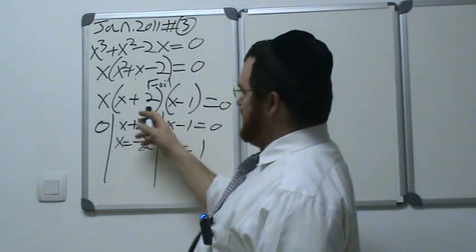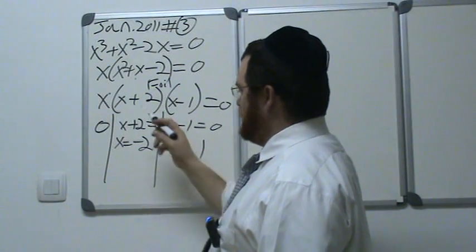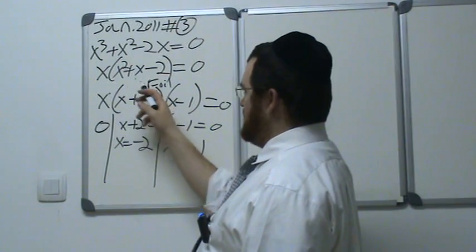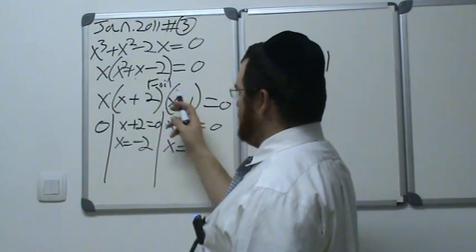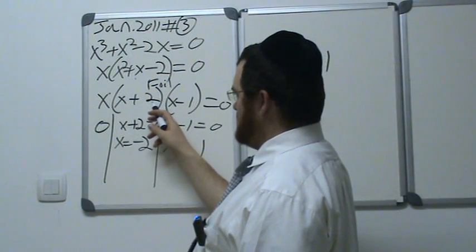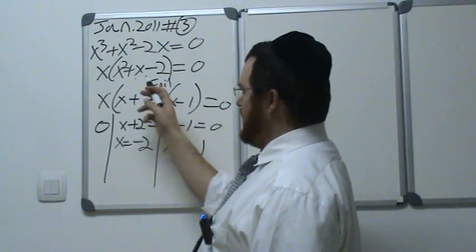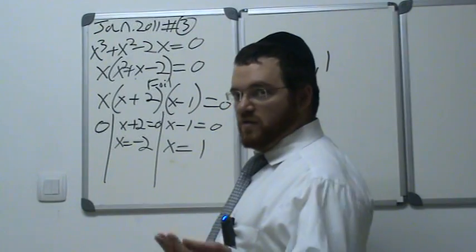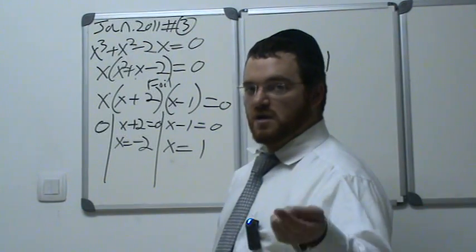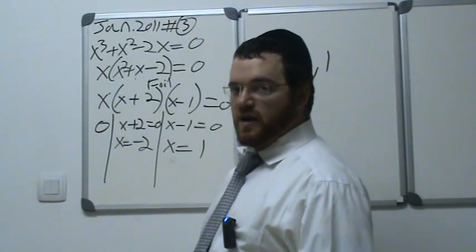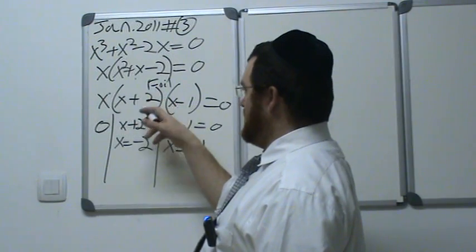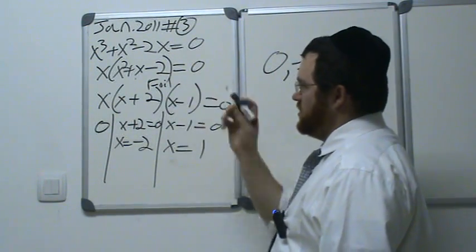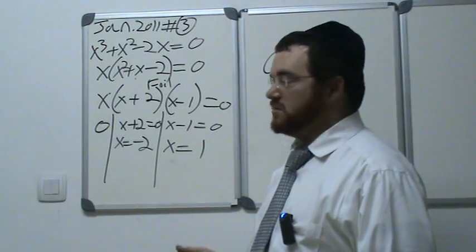Well, x plus 2 times x minus 1, because if you do FOIL, x times x is x squared, x times negative 1 is negative x, inner is 2 times x is 2x, and 2x plus the negative x is a positive x, and 2 times negative 1 is negative 2.